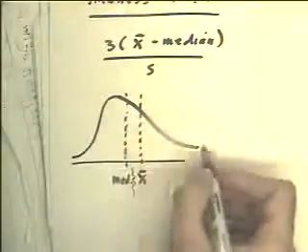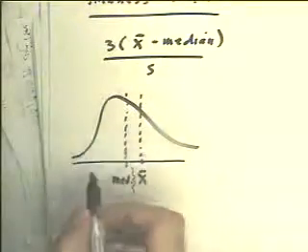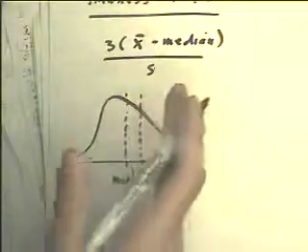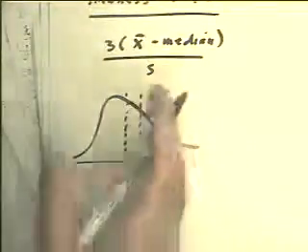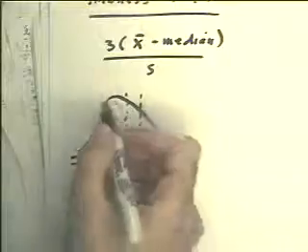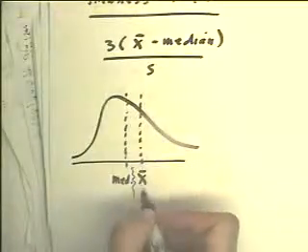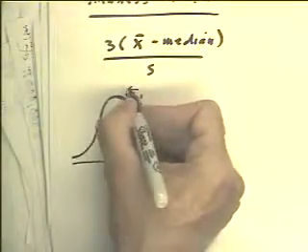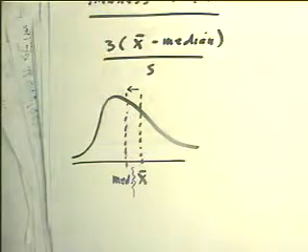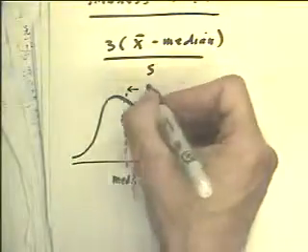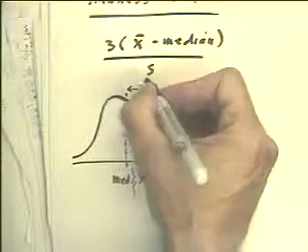When you have a skewed distribution, that's going to happen. Anytime the distribution is heavier on one side than on the other, this thing's skewed to the left, the median will probably end up being to the left of the mean. Now this difference here is the x bar minus the median.